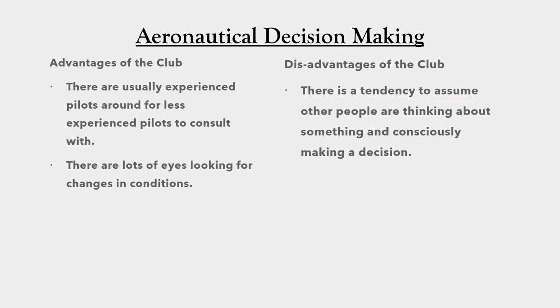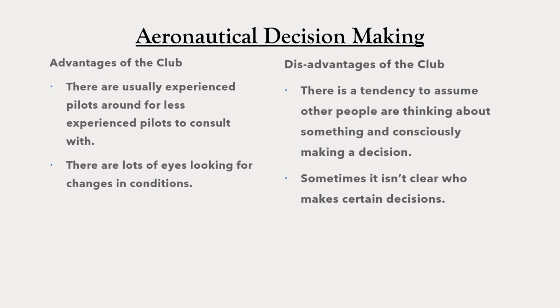A good thing is that there's lots of eyes looking out for changes. A bad thing is sometimes it isn't clear who should make certain decisions. The wind at Sand Hill may be starting to blow from the north a little more, and we have to decide should we reverse our operations and start taking off to the north.